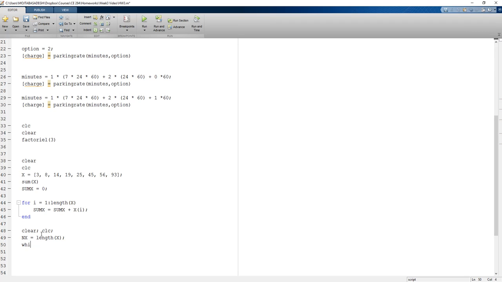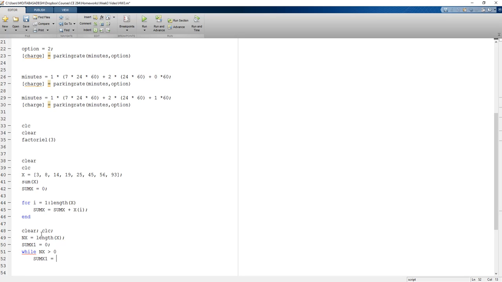Before going there, sum x1, I start with 0 again because for a summation the neutral value is always 0. While nx is more than 0, it means that we still have some element left in x.